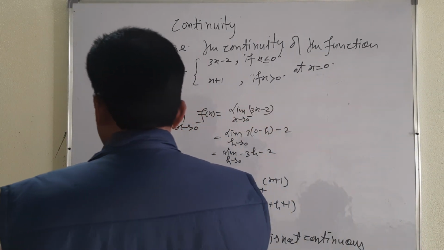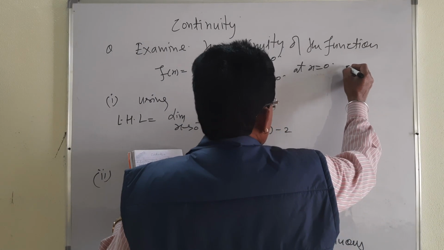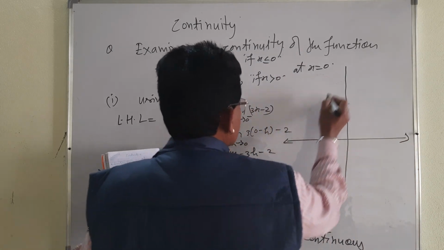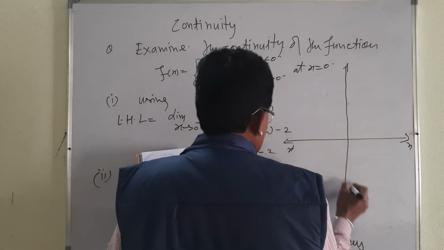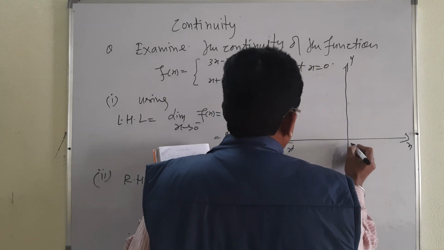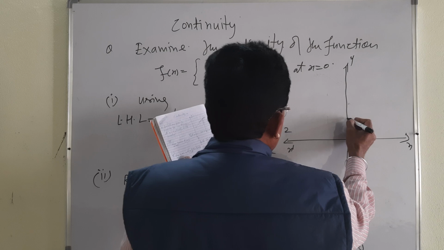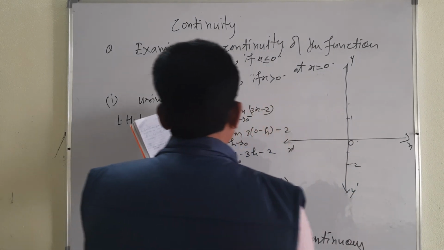You see carefully the graph of it. I am going to take a very small graph. I am just going to draw, try to understand. X-axis and y-axis, origin. I will take here 1, minus 2.